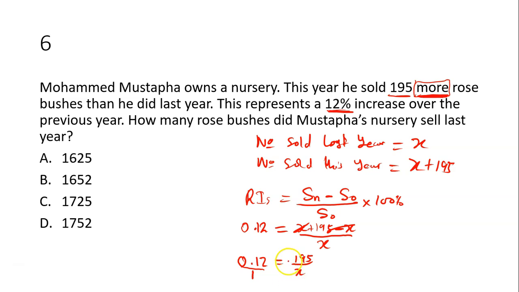But let's say we are cross multiplying, so cross multiply. 0.12 times x will give you what? 0.12x equals 1 times 195, which gives 195. So we want to make x the subject. So to get rid of this 0.12, we divide both sides by 0.12.